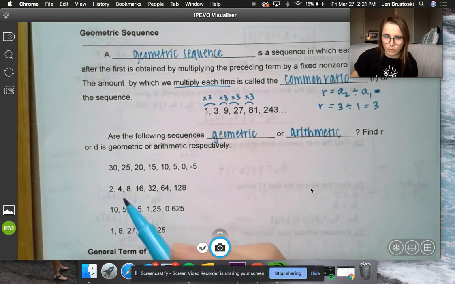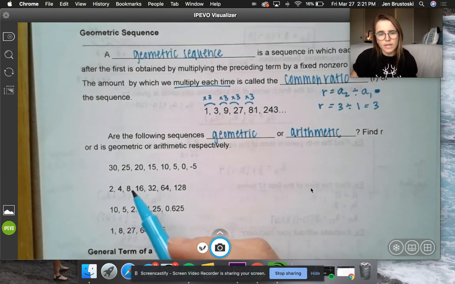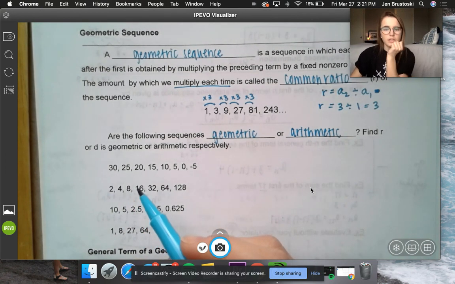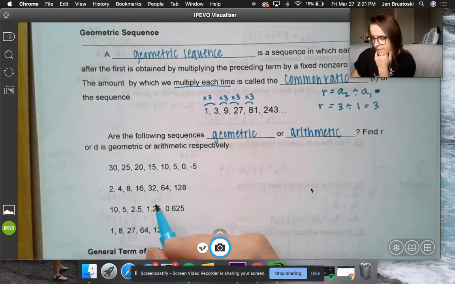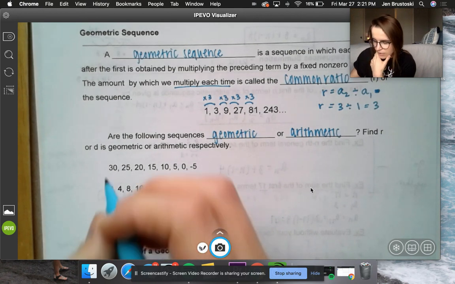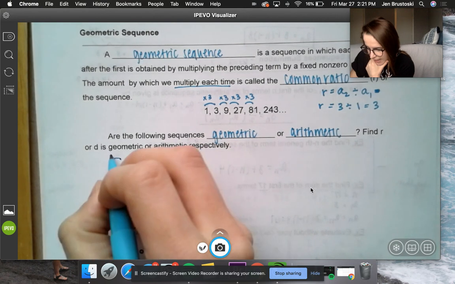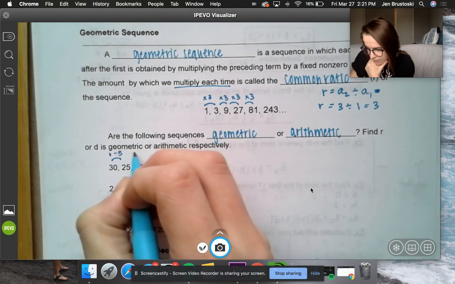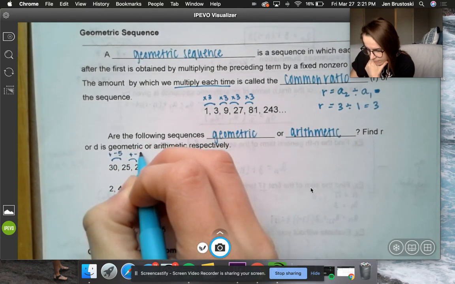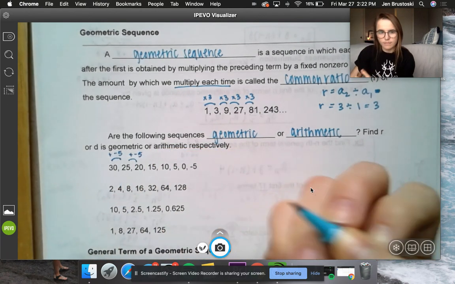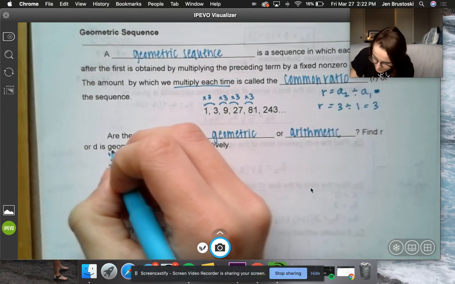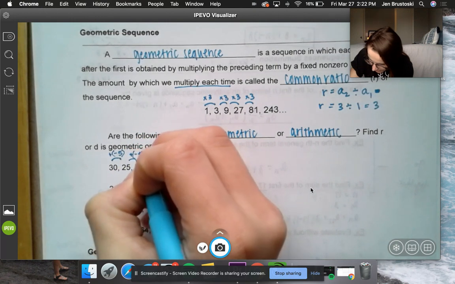Looking at our first example, I have 30, 25, 20, 15, 10, 5, 0, -5. If you didn't already notice, we are adding -5 each time. I'll put parentheses around this so you can see it a little better. So we're adding -5.